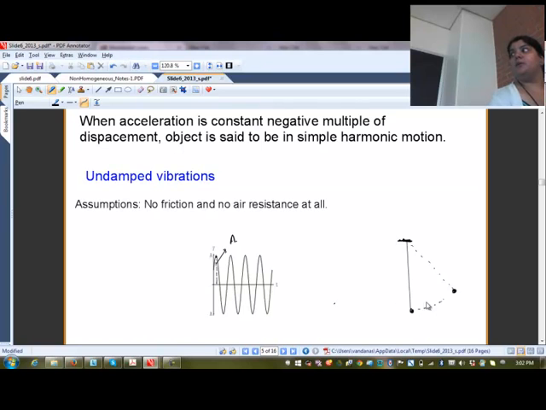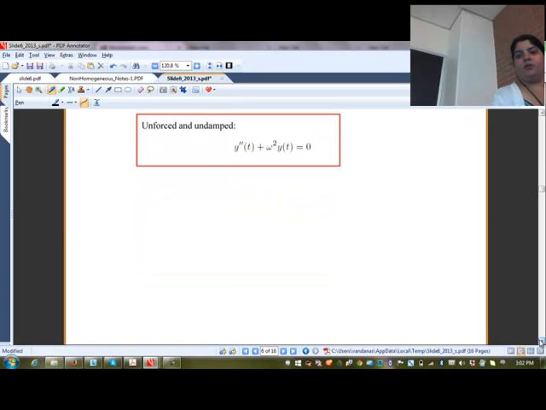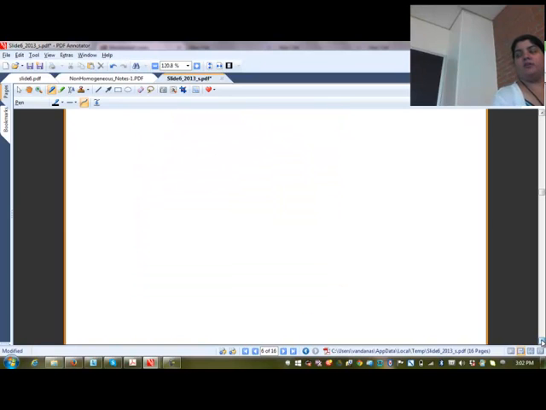So amplitude is the distance from here to here. This is undamped, no friction, no air resistance. Unforced, undamped, we already solved this one.